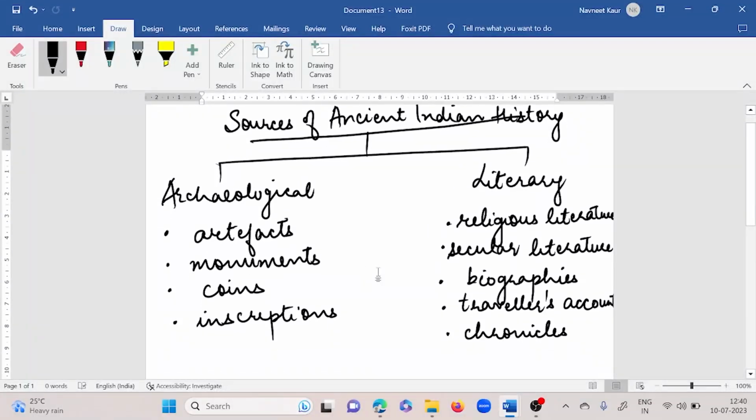So, in the sources of ancient Indian history, we'll learn about our ancient past from two groups of sources: archaeological sources and literary sources. In archaeological sources, we have artifacts, monuments, coins, and inscriptions. And in literary sources, we will deal with religious literature, secular literature, biographies, travelers' account, and chronicles.